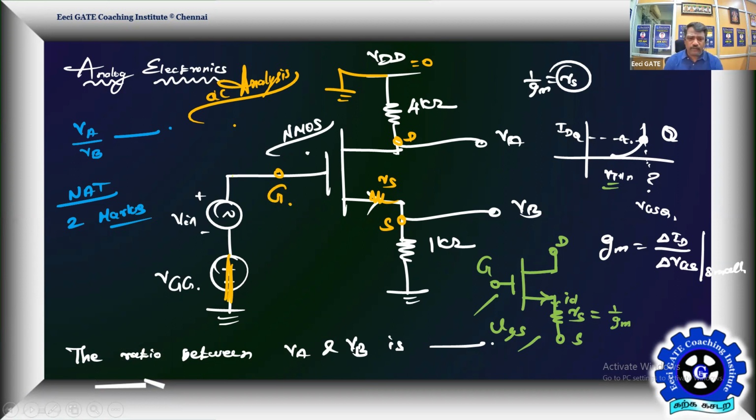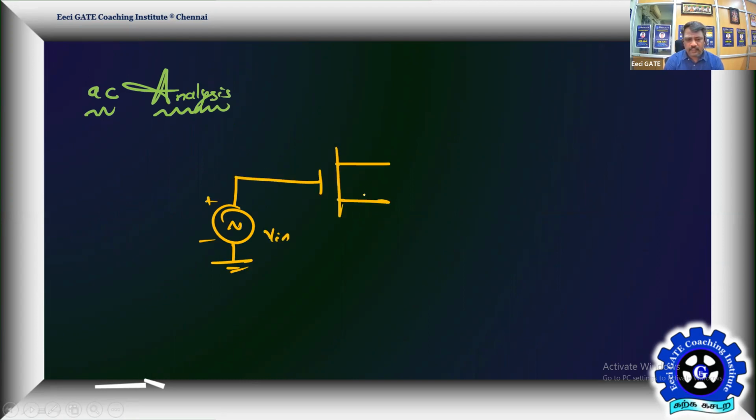So what will be the small signal equivalent of the circuit? It will have the entire AC signal at the gate. Then we have the small signal equivalent of NMOS, small rs. This is your source terminal, this is your drain terminal. Here we connect the external resistor RD equal to 4 kilo ohm.